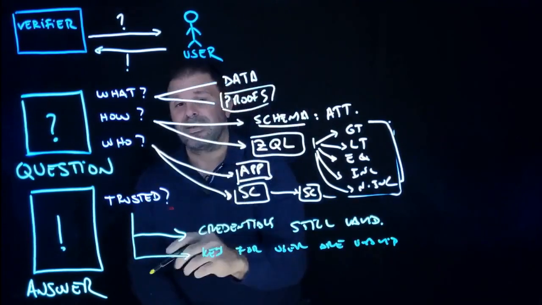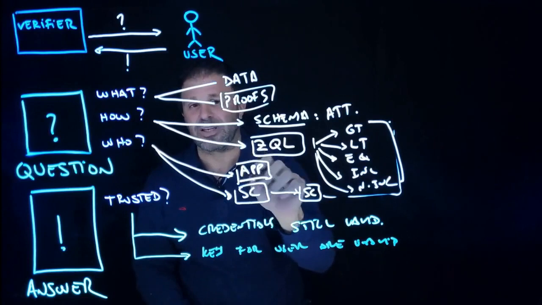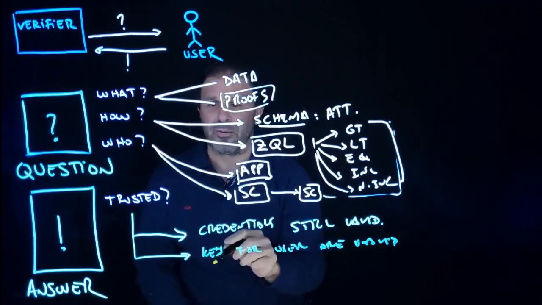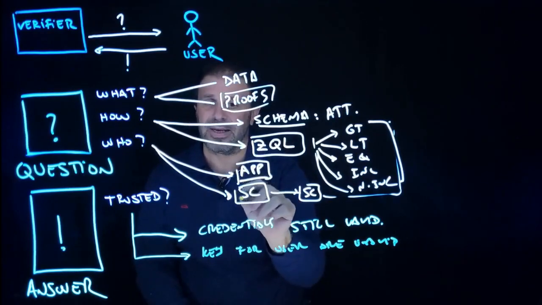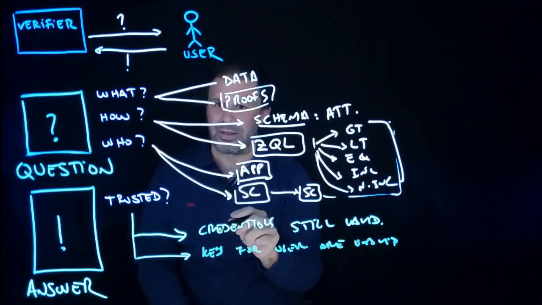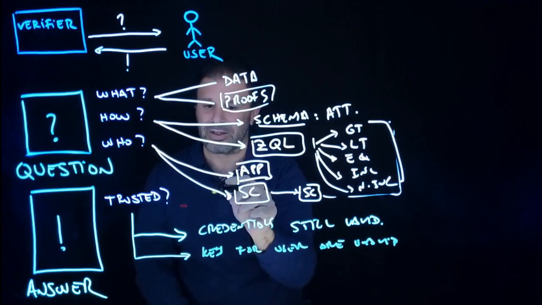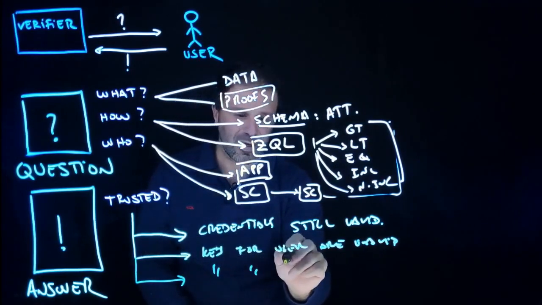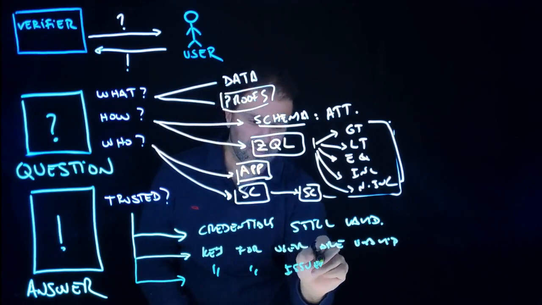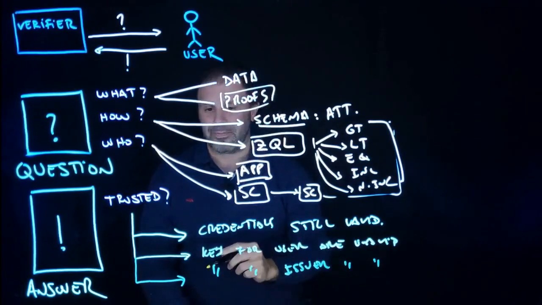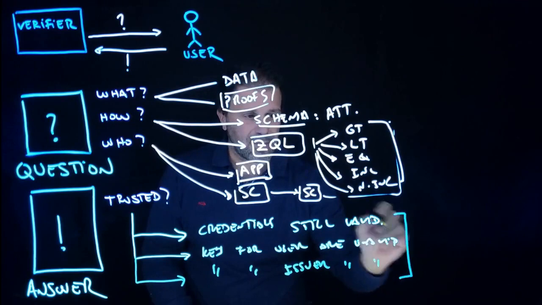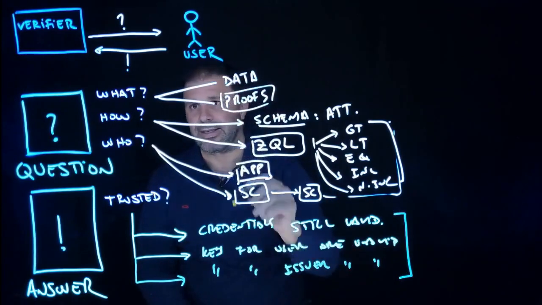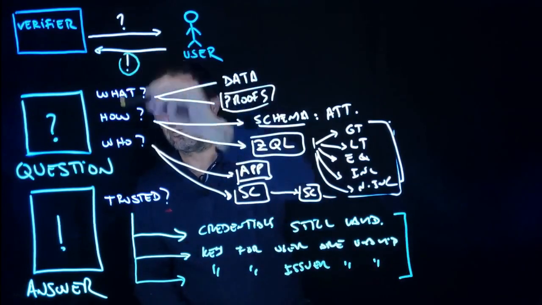And last, for the credentials that were signed by the issuer, we need to make sure that the issuer is still in control of the private keys that were used to sign that credential. That provides validity to the credential if we trust the issuer. So the keys for the issuer are still valid. All these proofs, all these controls are sent with the answer.